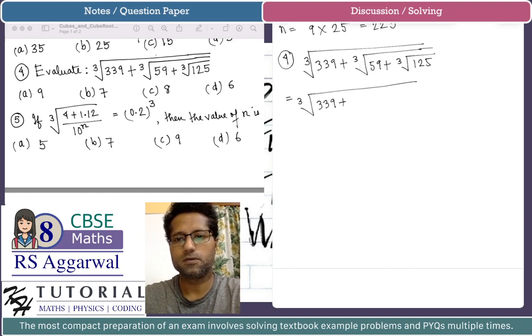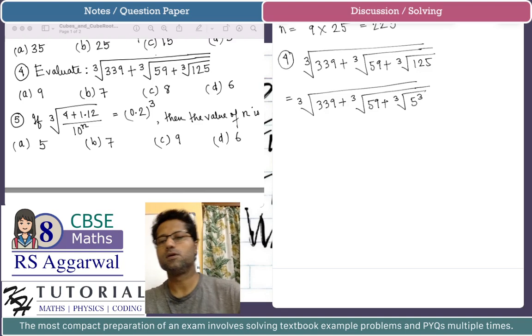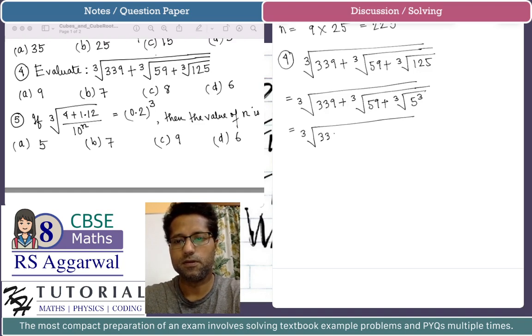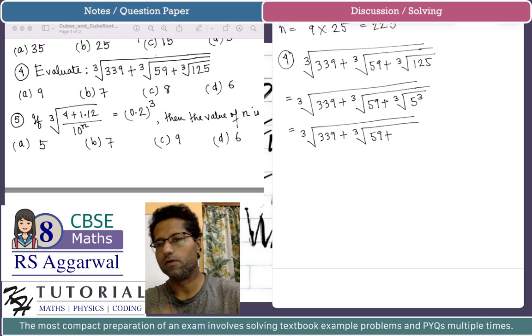Cube root of 125 is 5, as we know that 125 is the cube of 5. So this now becomes the cube root of 343 plus the cube root of 59 plus the cube root of 5 cube.